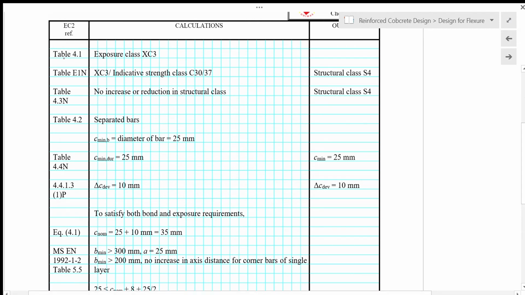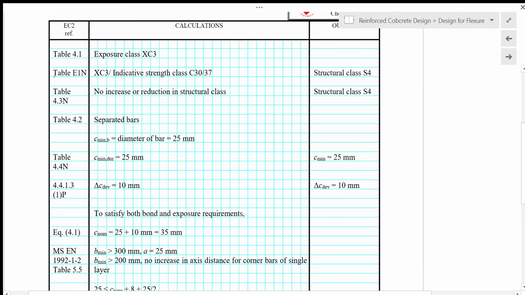So first of all, let us look at the first consideration that we do. From table 4.1 of Eurocode 2, we want to determine the exposure class. For this particular beam design, where it's moderate humidity for indoor beam, the exposure class is XC3, in accordance with table 4.1 in Eurocode 2.